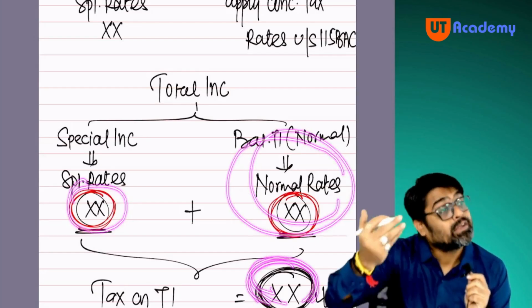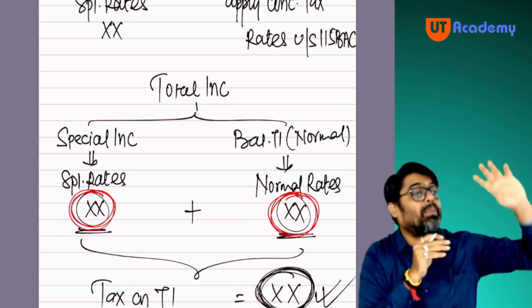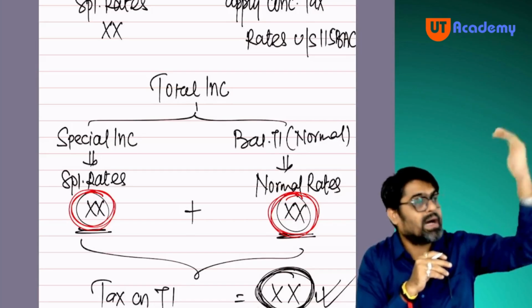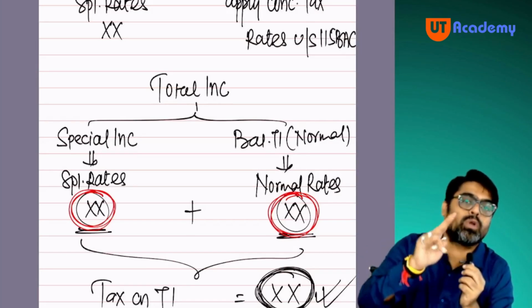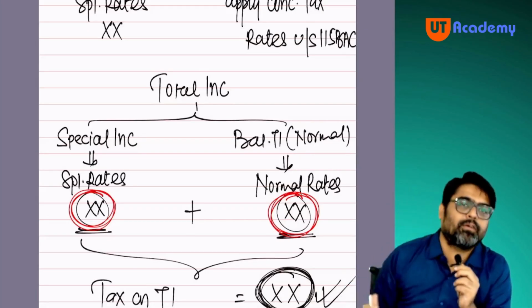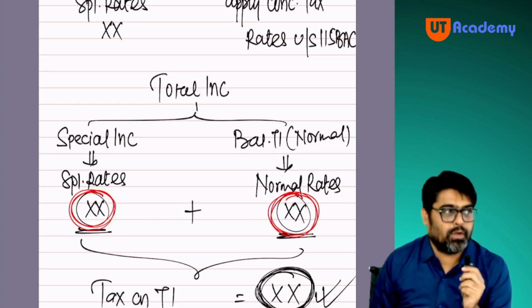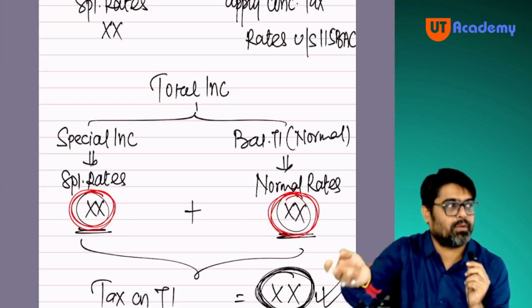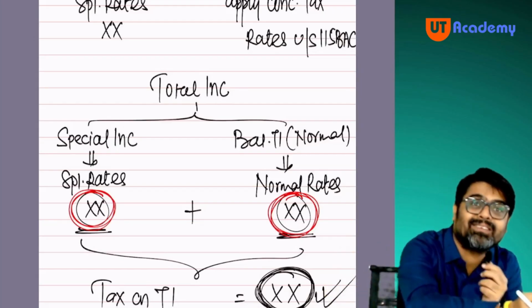Now you will have to add surcharge also. The surcharge rates of 7% and 12% that were applicable for domestic companies are not applicable here. In the case of foreign companies, the surcharge rate is only 2% and 5%. So this is very bad. Foreign companies are paying less surcharge, but they are paying more tax, no?